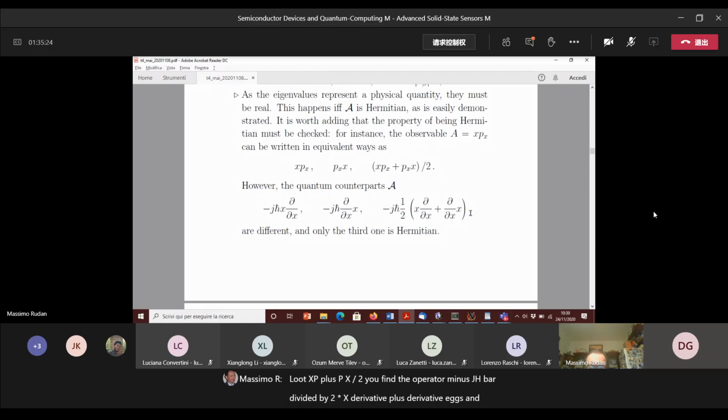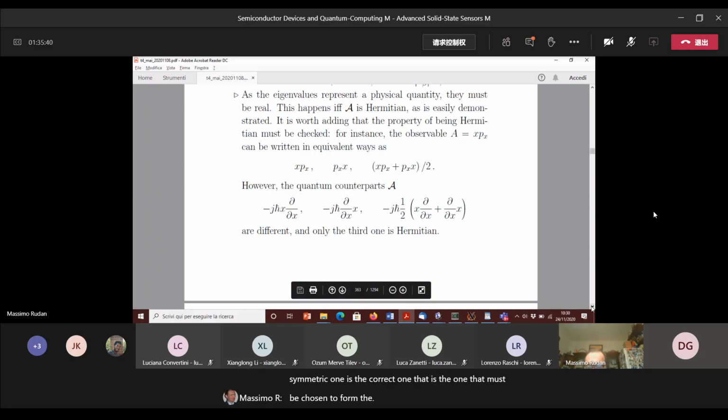And you find easily that this is Hermitian. So the fancy form, that is the symmetric one, is the correct one. That is the one that must be chosen to form the Hermitian operator.